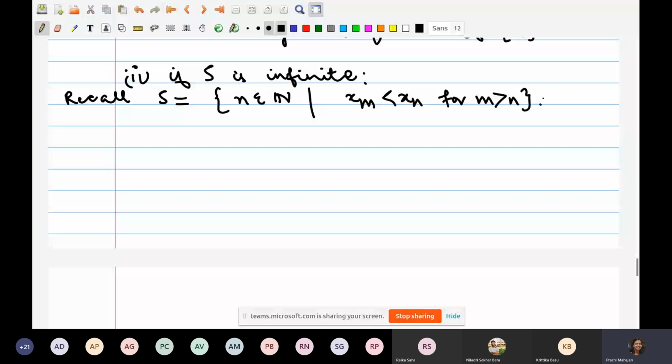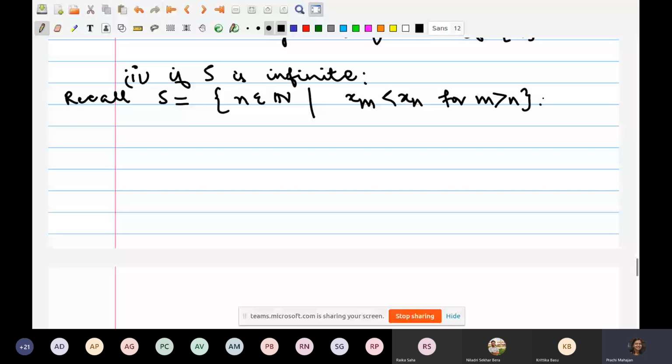Again, you have to construct a subsequence of x_n, which means that you have to get hold of a strictly increasing sequence of natural numbers n_k first, right? Now, S is an infinite subset of natural numbers here.